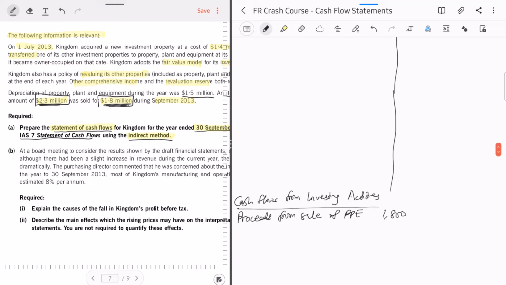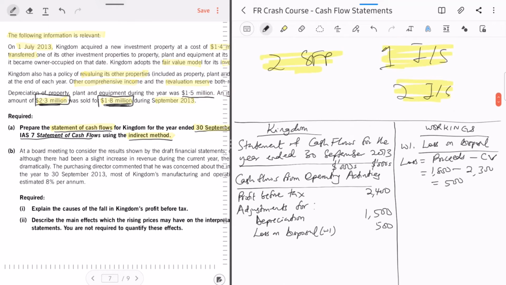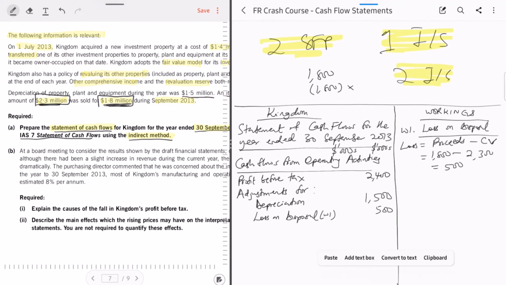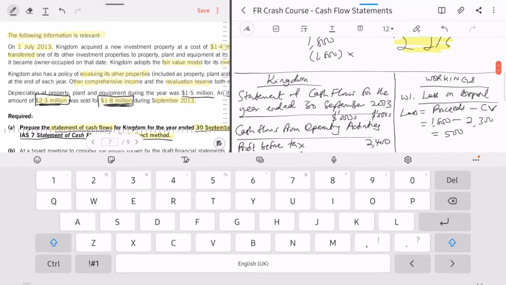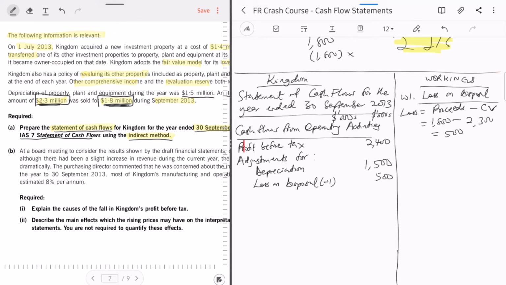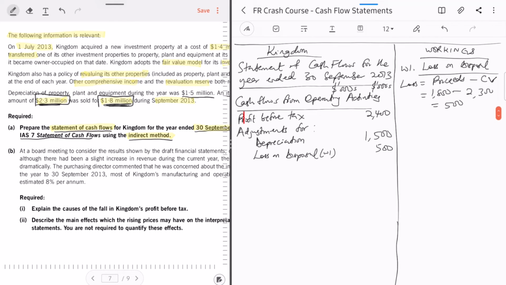And take note, in cash flow, brackets matter. If the answer is 1,800 and you make it 1,800 with a bracket, the examiner will mark you wrong. They don't mean the same thing. So he's very, very strict when it comes to his brackets, when it comes to the cash flow statement. So please take note, no leniency when it comes to you mixing up your brackets around that area.